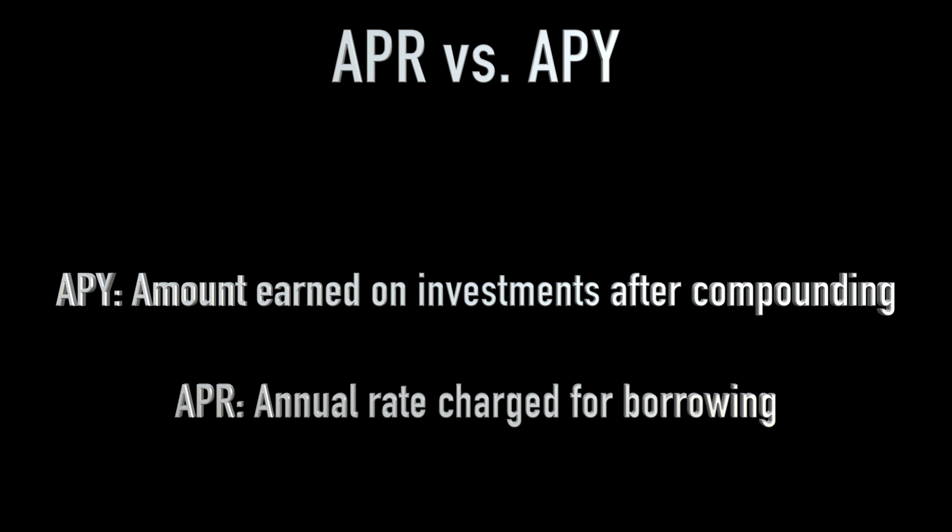APR is the annual rate charged for borrowing through an investment. So essentially with APR, you are taking out the loan, that's how much you are paying, and it's not going to take into account compounding interest because you are paying that amount, so it's actually diminishing the amount of interest that you're paying over time, versus APY, where you are the investor, you are the saver, and it's taking into account compounding interest. So anyways, hopefully this illuminated some stuff for you guys.